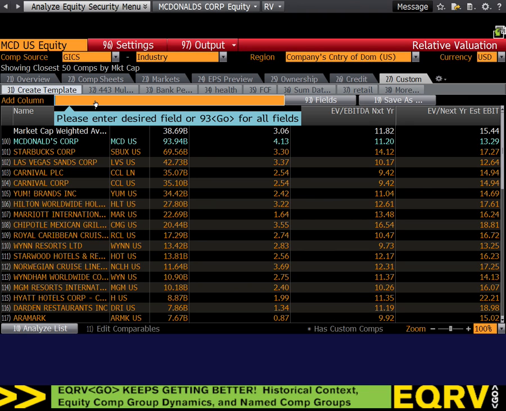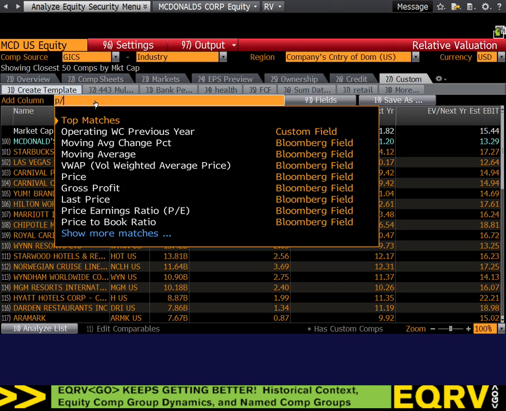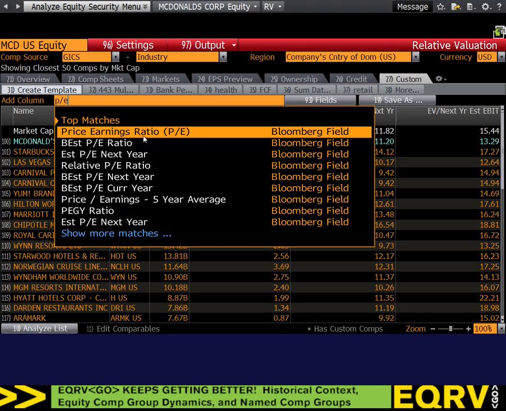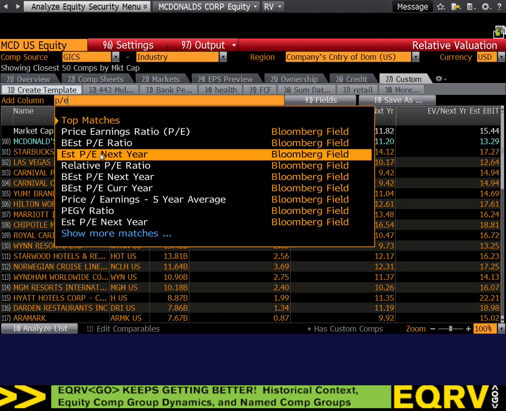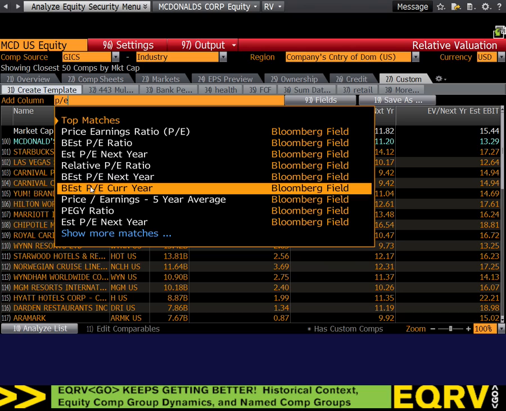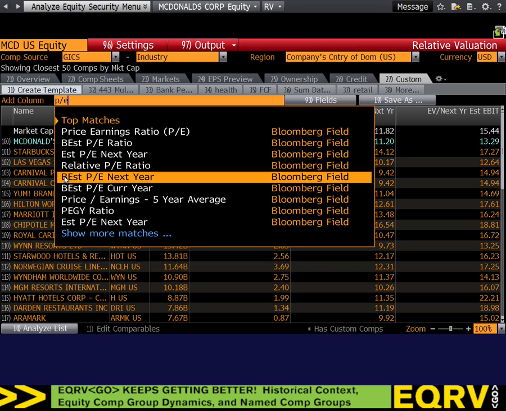Next, we have the price to earnings multiple. P/E, price to earnings multiple. Now, here's the thing. I can actually do this multiple ways. Here's the estimated PE ratio for next year. That's the one that I want. It's also called the best PE ratio for next year. Best is the Bloomberg estimate PE for next year.